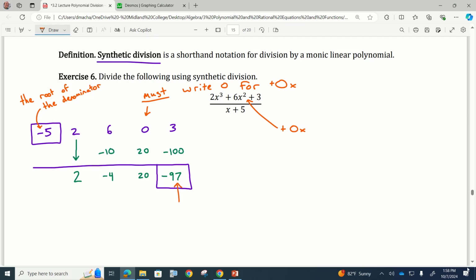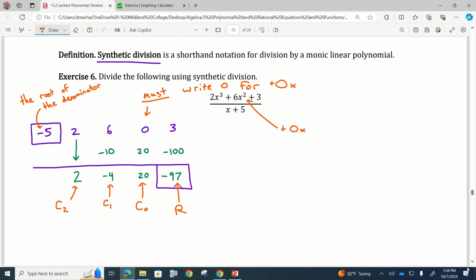The number in the box is my remainder. Next to that, this is going to be my constant term for my quotient polynomial. Next to that, that's going to be the x coefficient for my quotient polynomial. And next to that, this is going to be my x squared coefficient in my quotient polynomial.